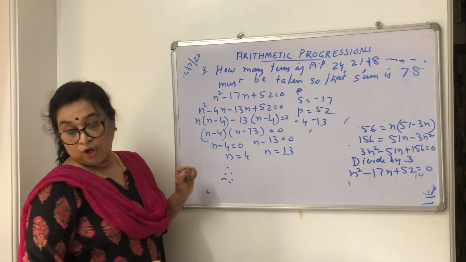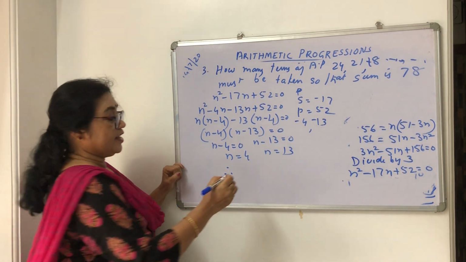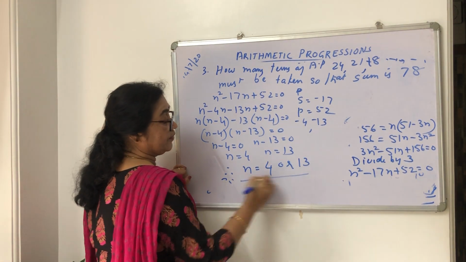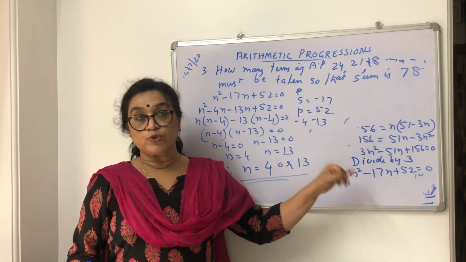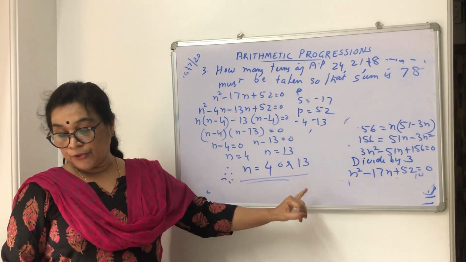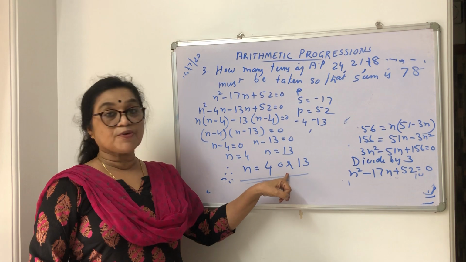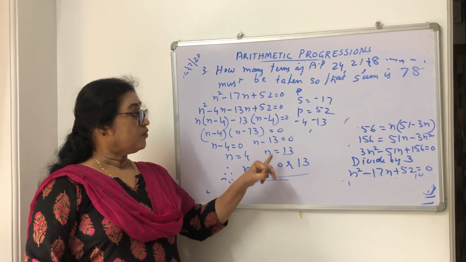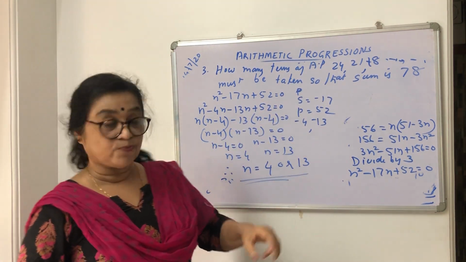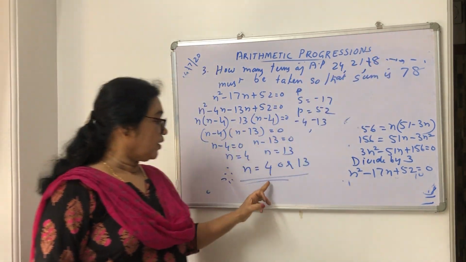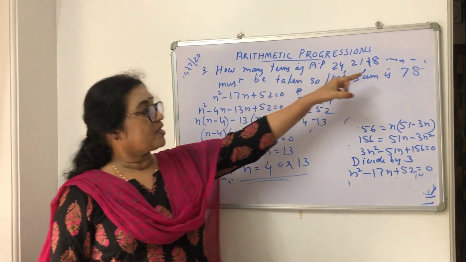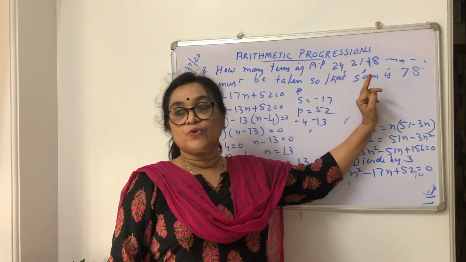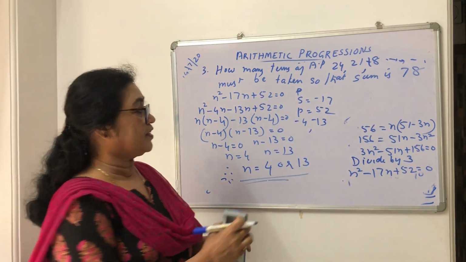So how many terms are there? N is either 4 or 13. That is, we are getting two values for n. Now I am going to give the justification for these two values. If you take 4 numbers from here, you get the sum 78, and if you take 13 numbers from here, you also get the sum 78.